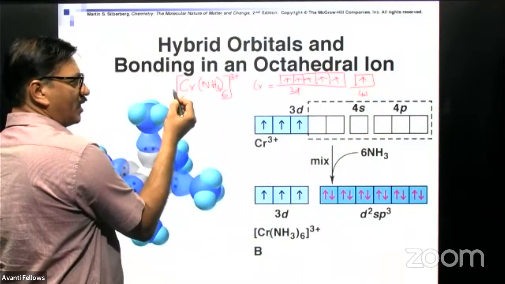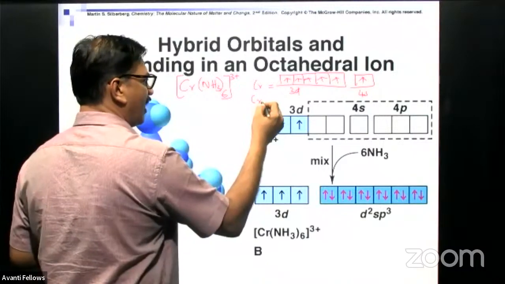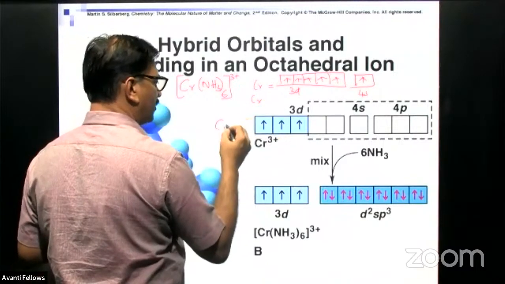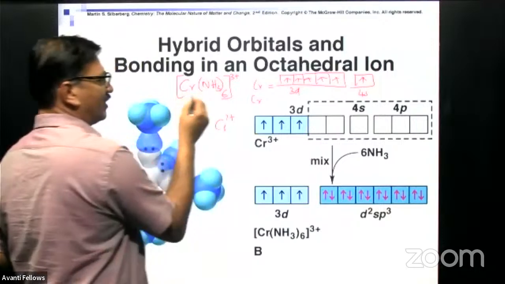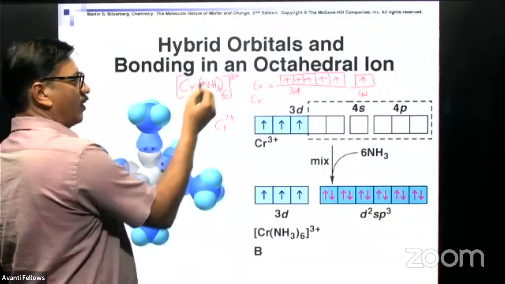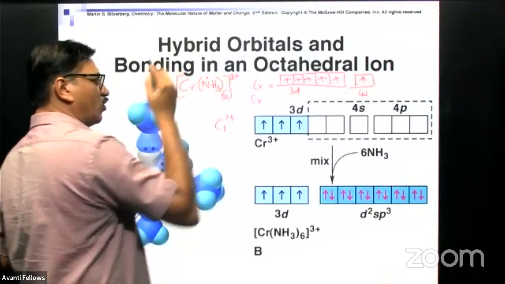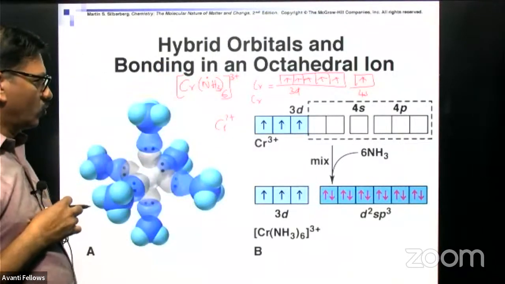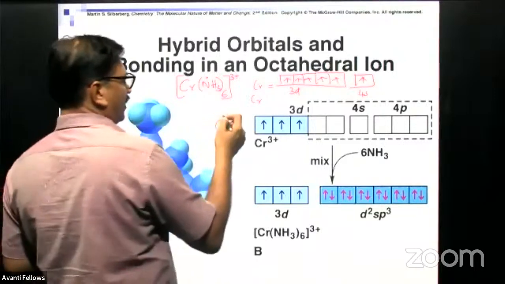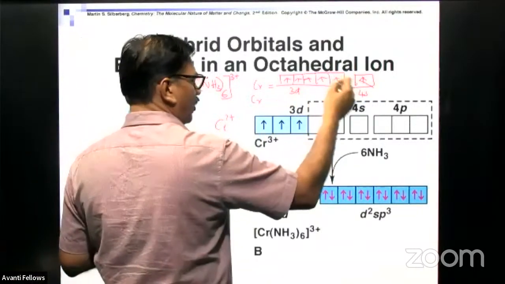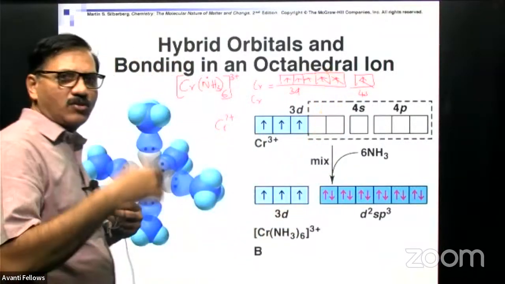Here chromium is present in the Cr3+ oxidation state in this complex, because NH3 is a neutral ligand and the charge of 3 plus is the charge on chromium. So 3 plus means it has to lose 3 electrons, the primary valency, which has gone to the counter ion.